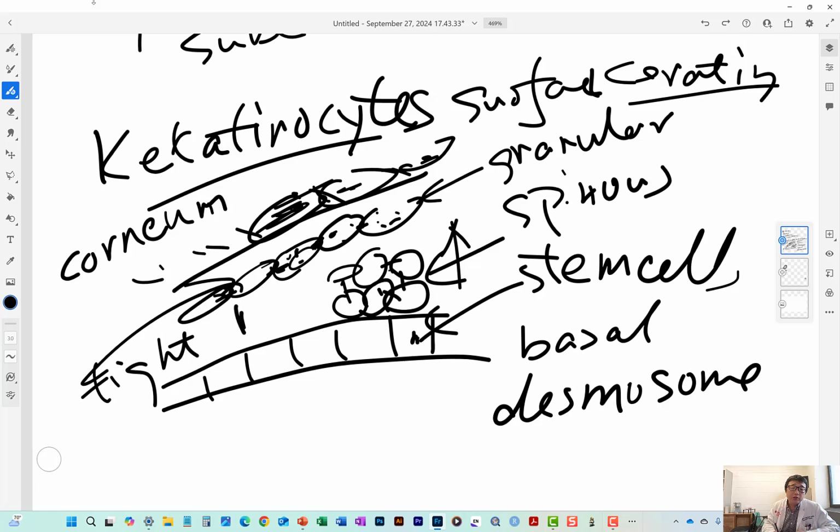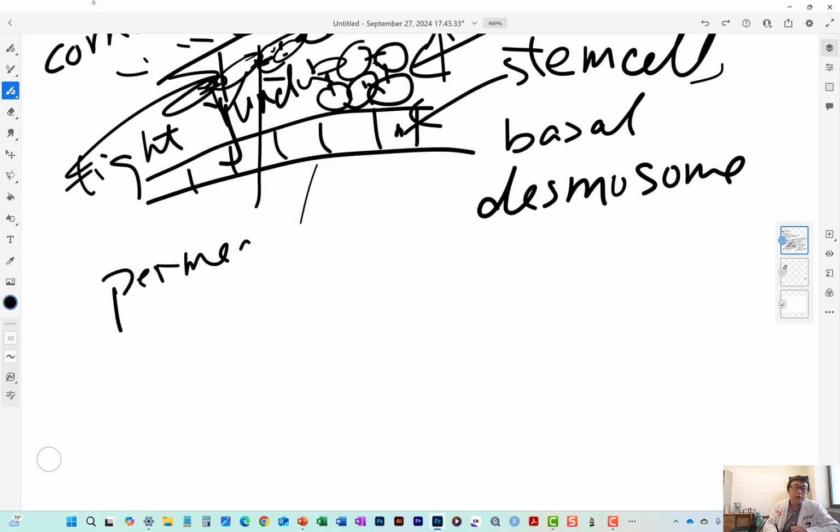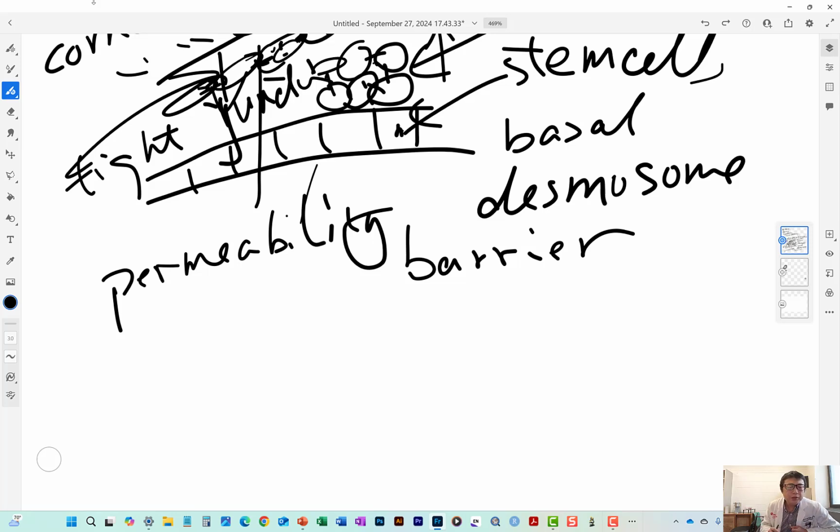It is so tight it prevents even water molecules from getting through. So all three, the lipids, the keratinized cells, and the tight junction between the granular cells, make what we call the permeability barrier.